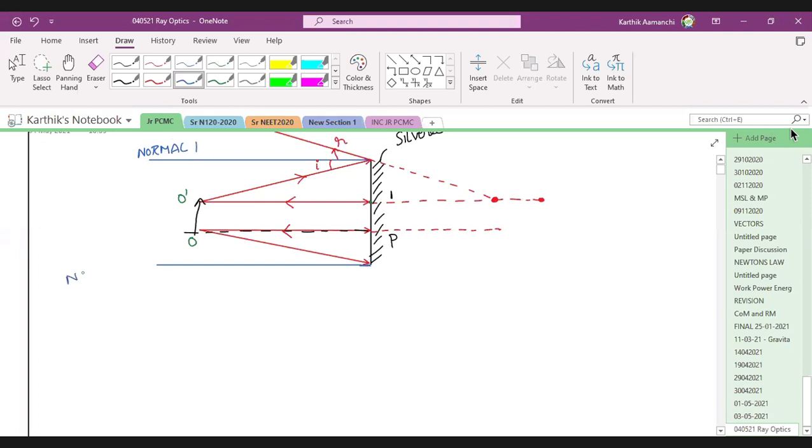I'll take this as normal 1 and this as normal 2.